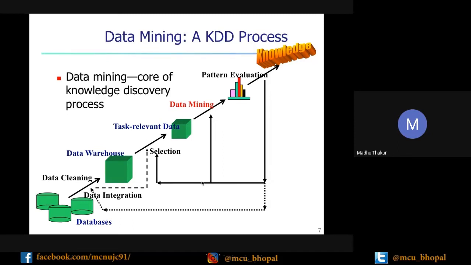Then you have to integrate that data. Yesterday we talked about what kind of problems will come during integration. You have to match the schema, the mapping of the schema, because as you are collecting data from different sources, the schema may be different.